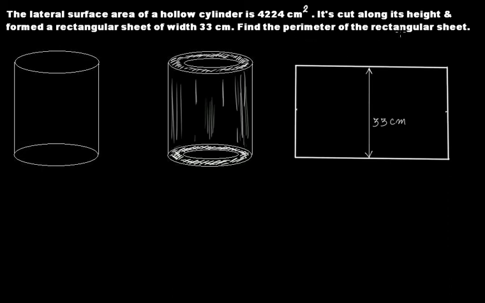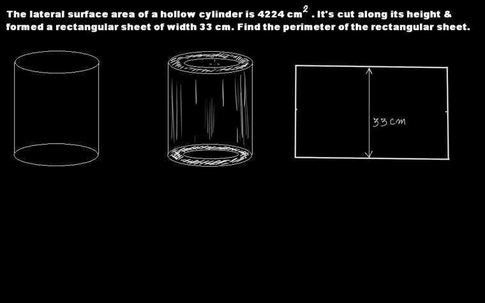Find the perimeter of the rectangular sheet. In this case, this width is actually the height of this cylinder, because when you cut this open and make it into a rectangular sheet, then this width will be the height.